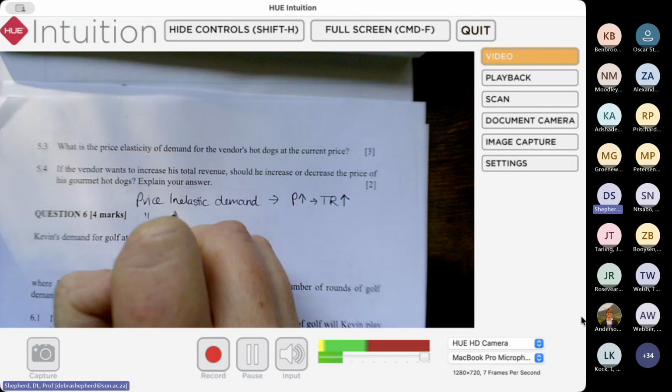In tutorial 4, I think it was 4, or was it 5? One of the last two tutorials has a question about raising the price of public transport. Public transport will, more often than not, have price inelastic demand. So one way in which revenues can be increased in public transport is to raise the fare.